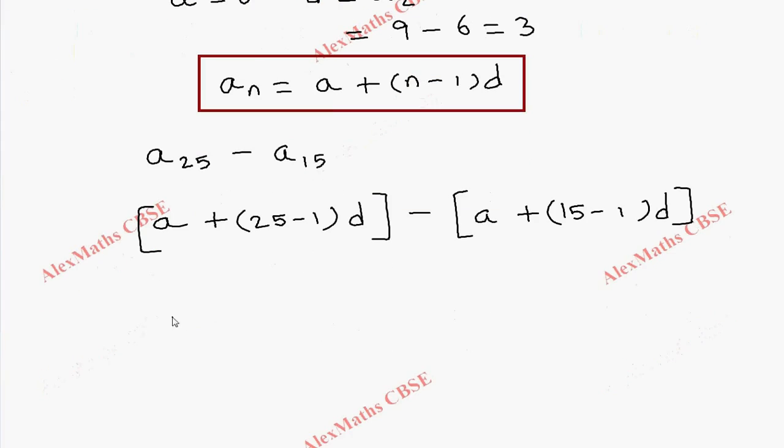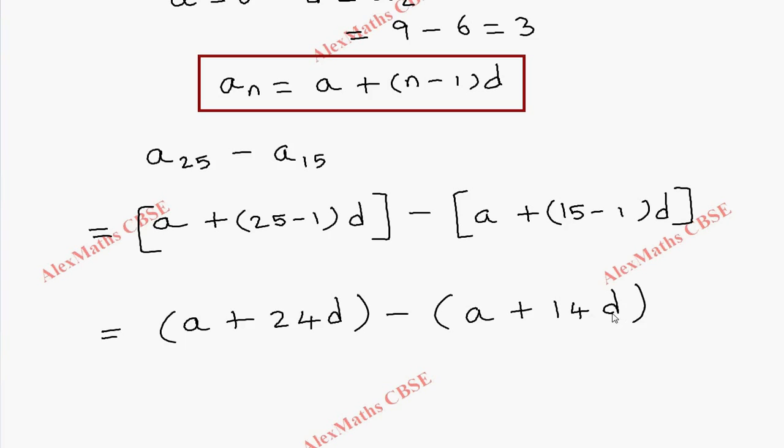Now simplifying this further, we get A plus 24D minus A plus 14D. When we take this minus sign inside, we get A plus 24D minus A minus 14D.